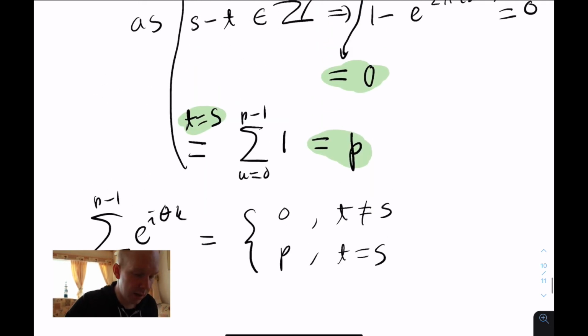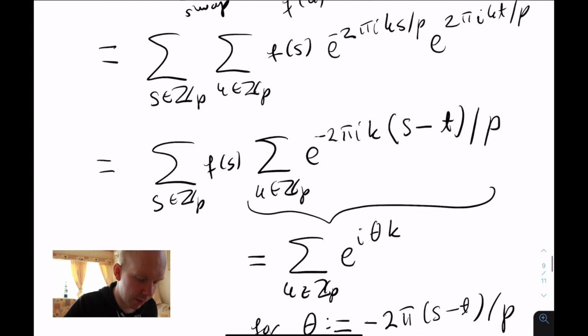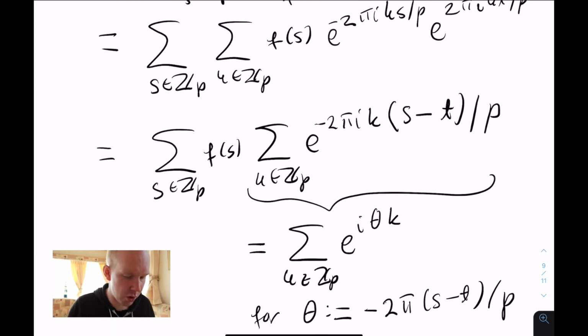So that's why in this summation that we have here, if you remember that we are summing over these numbers, we know now that this expression that we have computed here is just equal to p when t is equal to s, and it's just equal to 0 for any other possible choices.